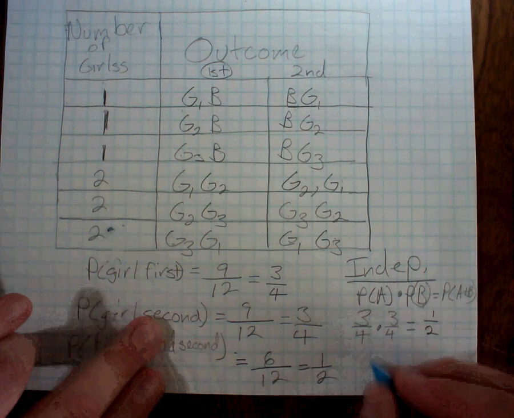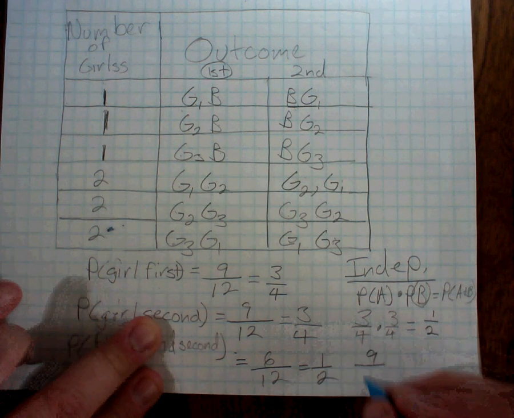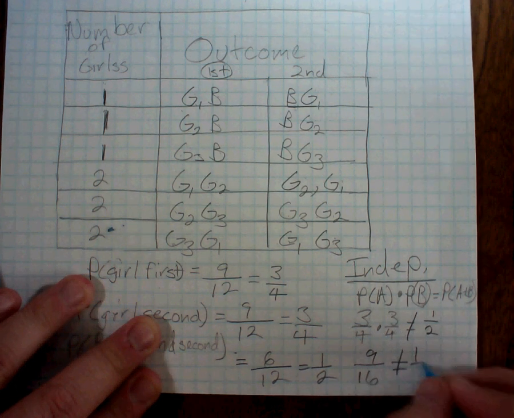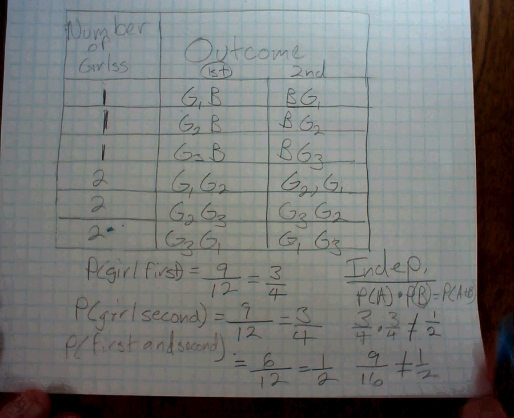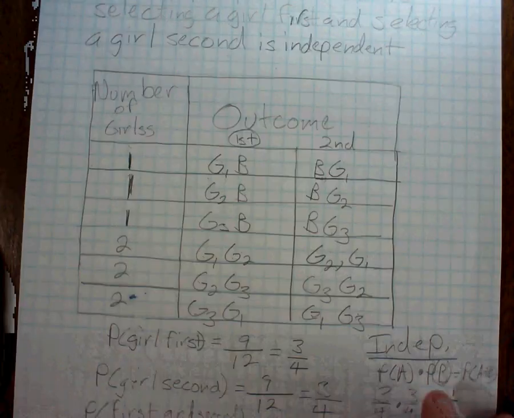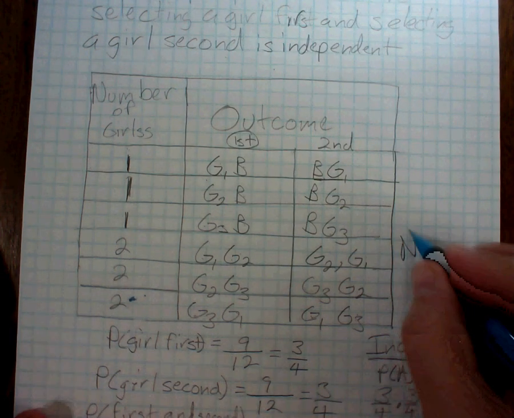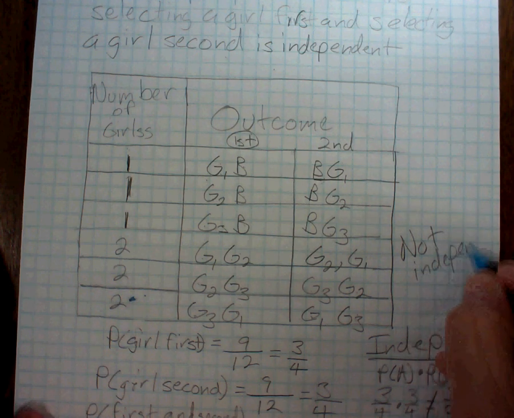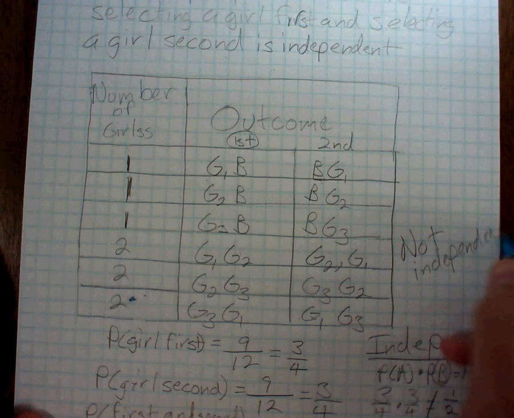However, 3 times 3 is 9, 4 times 4 is 16, and it does not equal 1/2. So then we would say not independent. And I'm going to jump ahead a little bit and explain why.